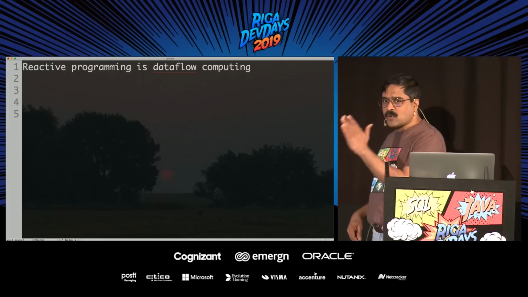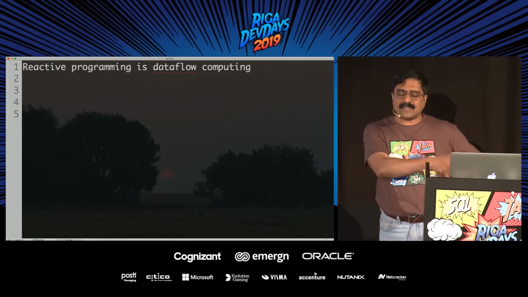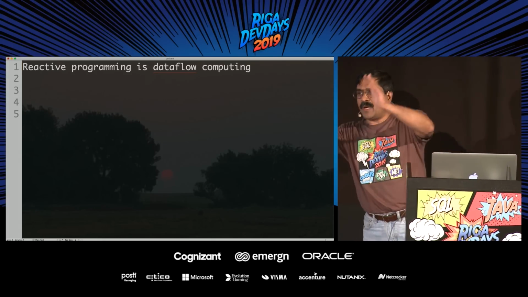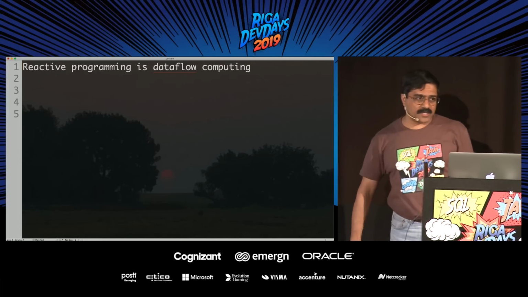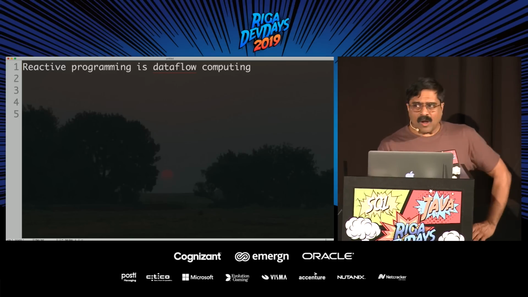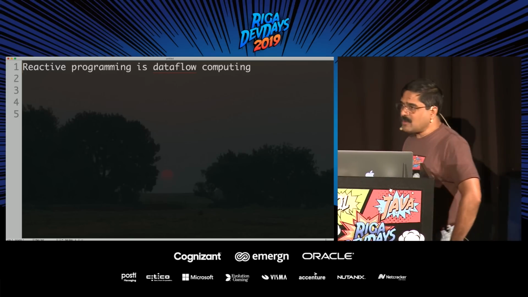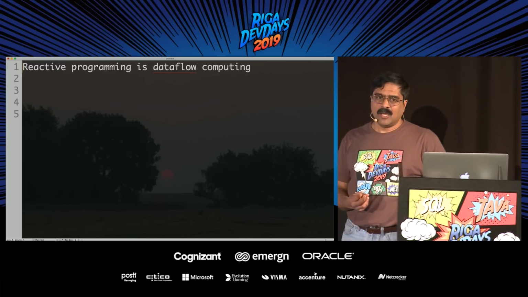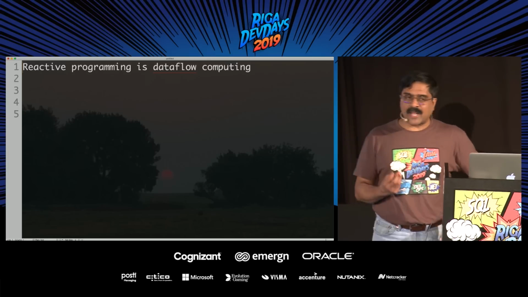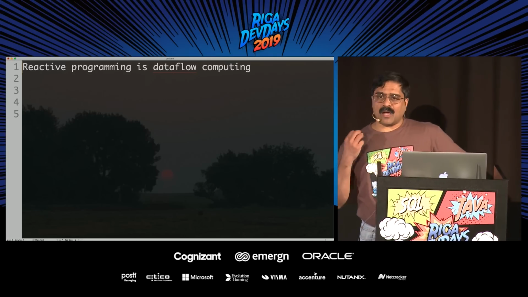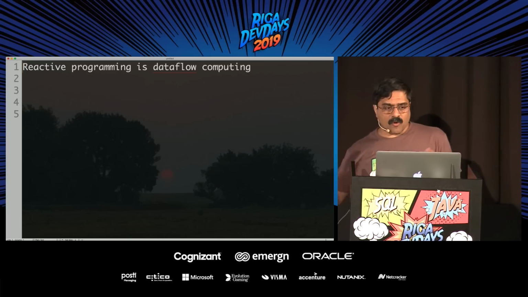It's a series of transformations where we take the data and transform it using a series of functions. So if you ask me, what is reactive programming? I'm going to say reactive programming is applying a series of data transformations. It is a streaming of data as we transform through it.